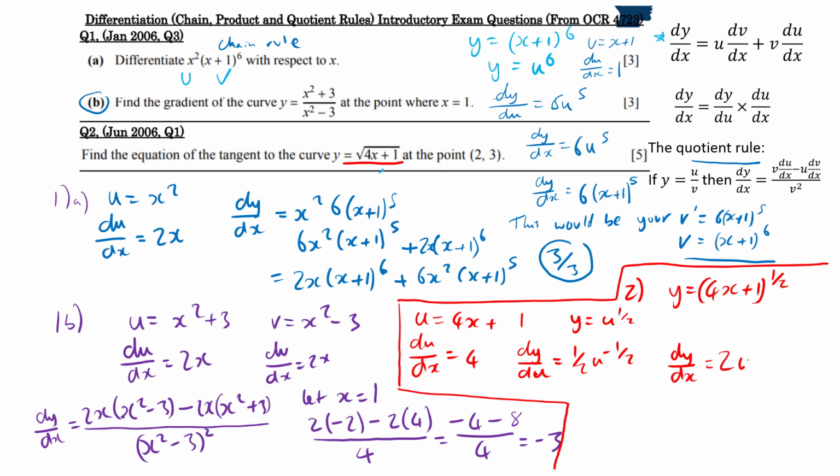So I'm going to change it to u to the minus a half. We're going to put u in. So it's 2 times (4x plus 1) to the minus a half. Okay, so that one I did for you because it's quite straightforward, just to show you.